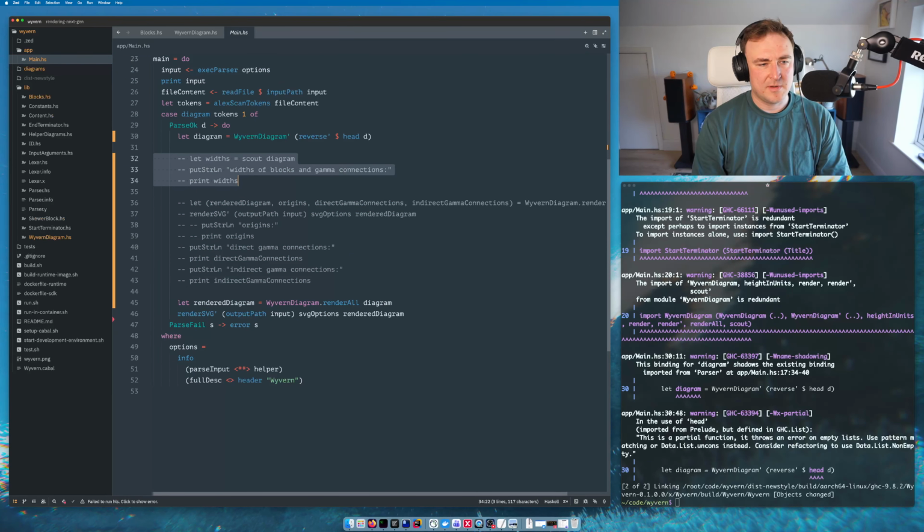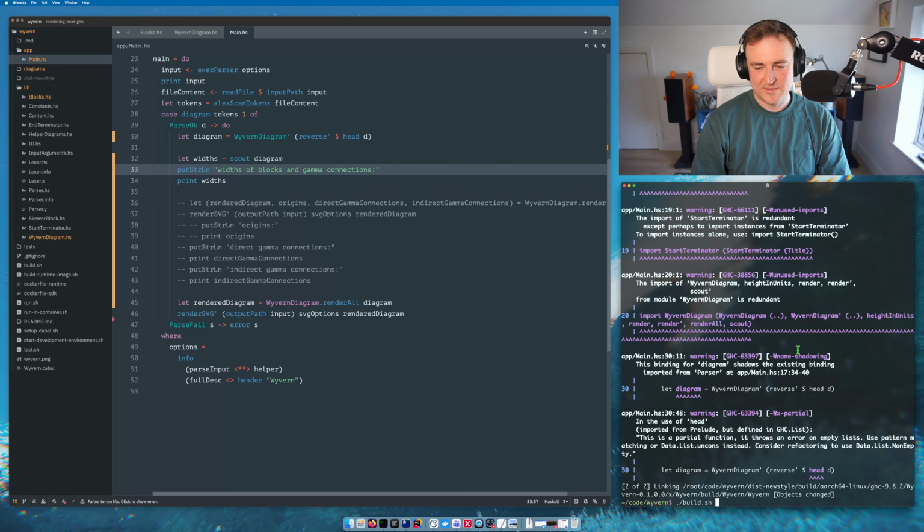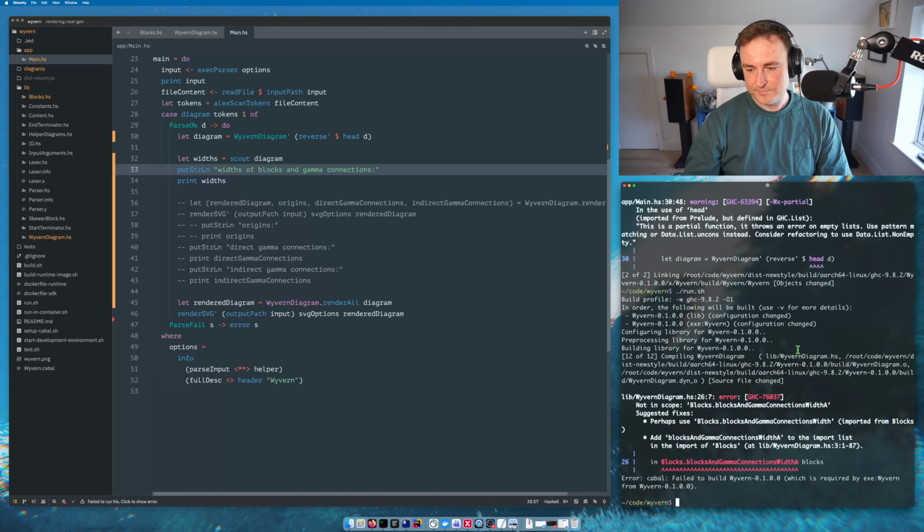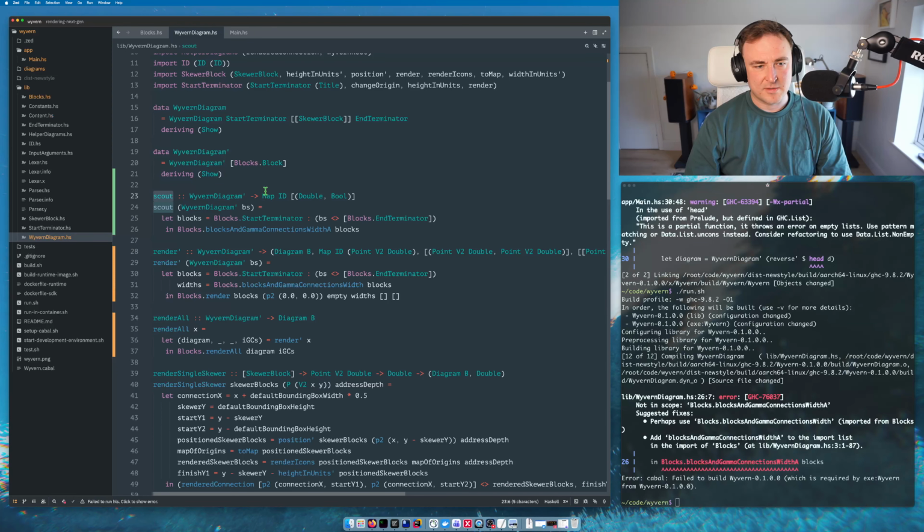Glad we kept this. Widths of blocks and gamma connections. Okay. Who's excited? Oh, we need to change the signature. I thought we already had. Oh.